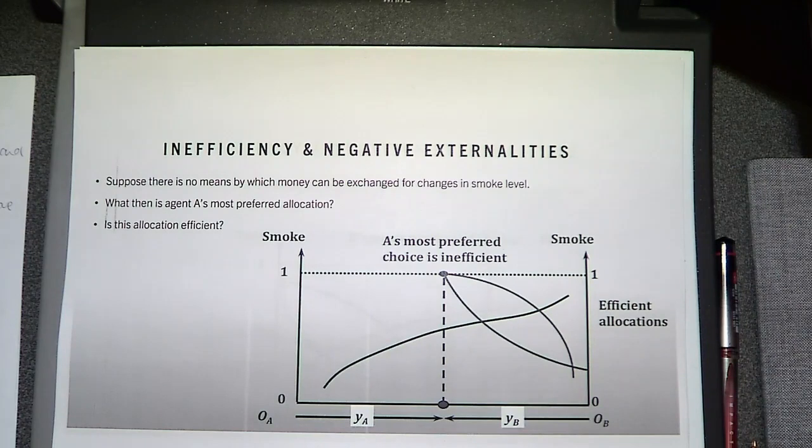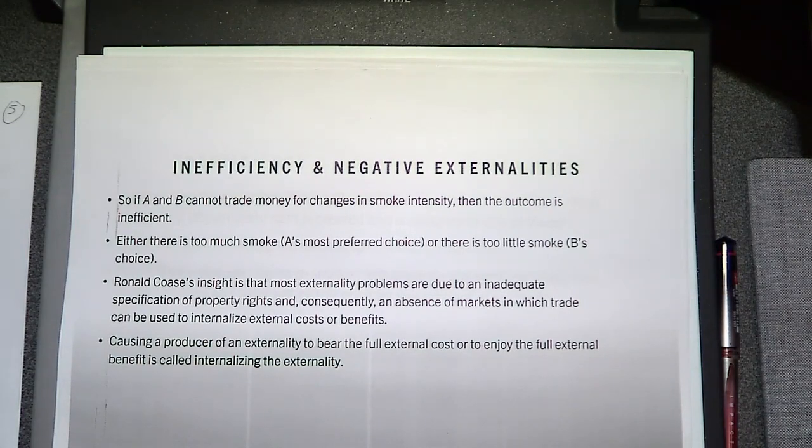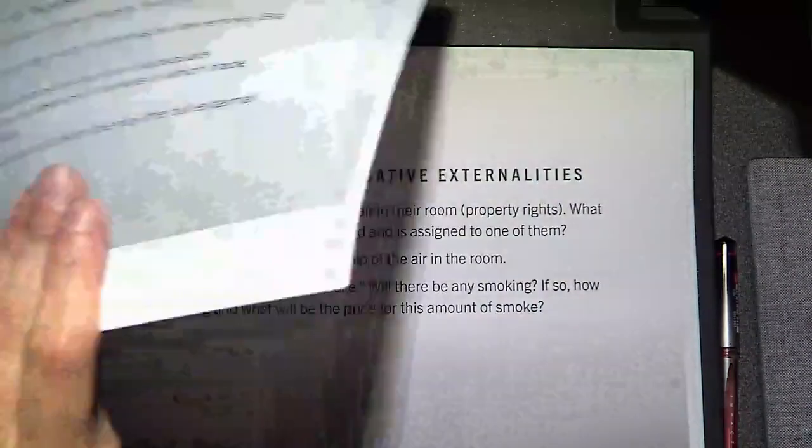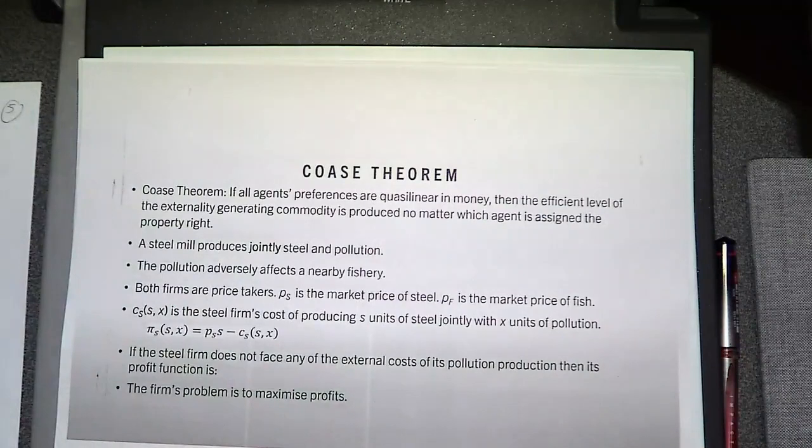Okay, so the way that we are going to see the Coase theorem is how we can then internalize this externality. So what we are going to see is how we can internalize our externalities.